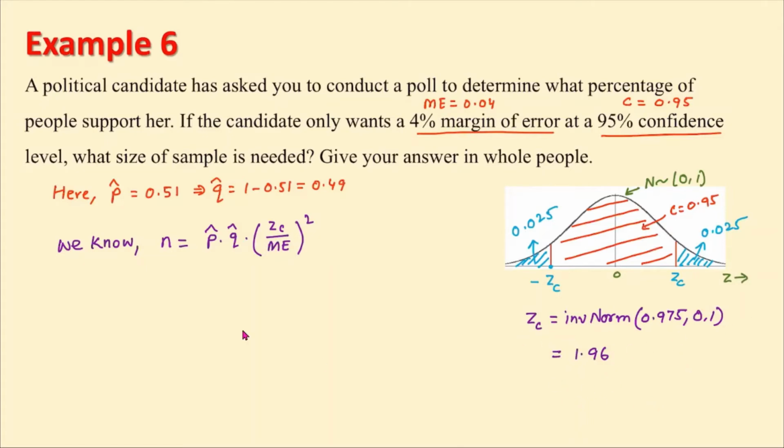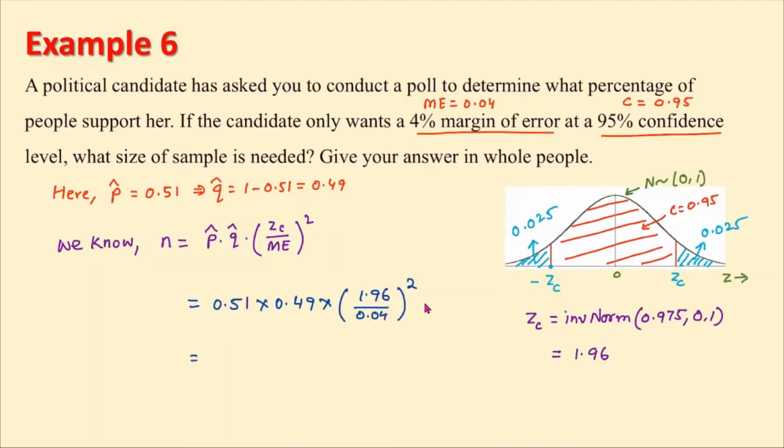Now, once we have this value, we are going to plug it into the formula. So let's plug in here. P hat 0.51, Q hat 0.49, Z sub C, we got 1.96, over the margin of error given in the problem, 0.04. We plug in there 0.04, and we square it.